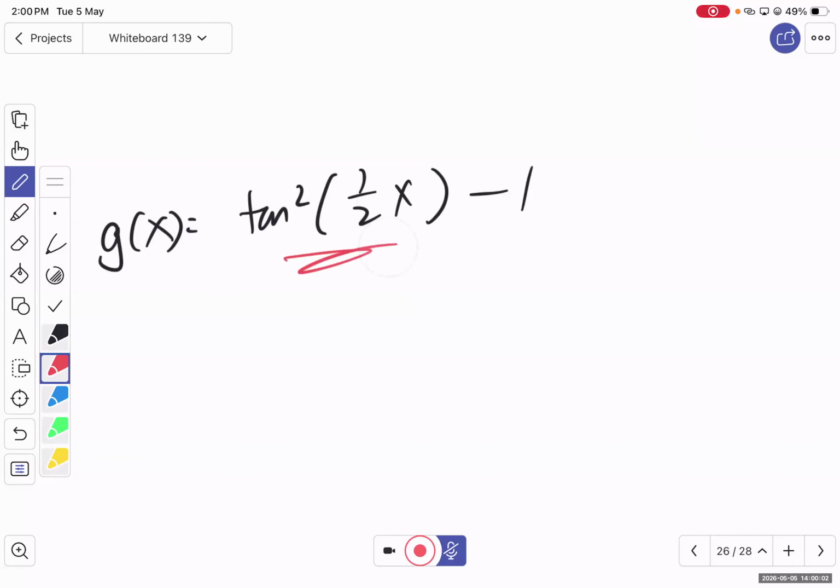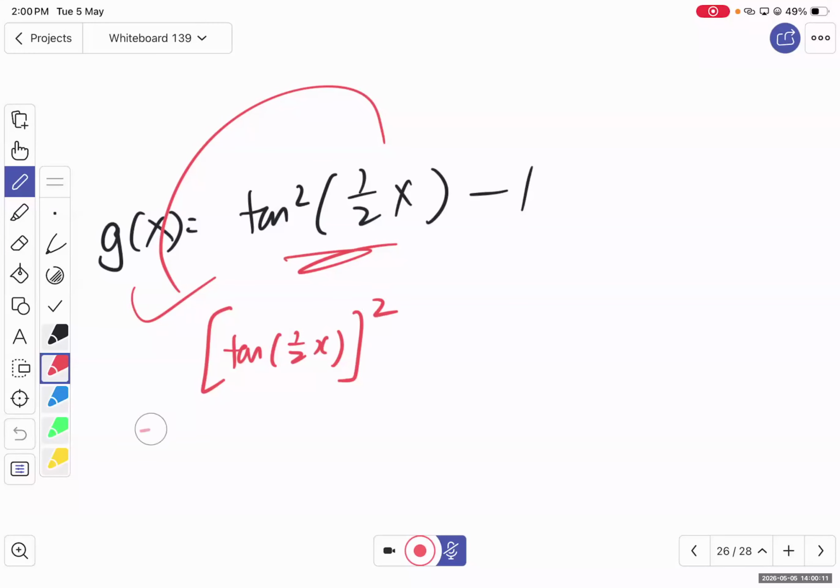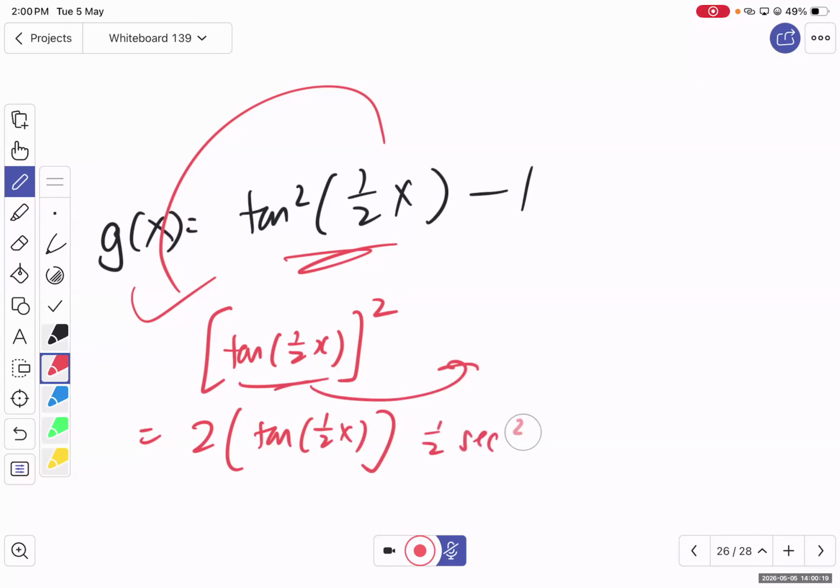Differentiate tangent, it's just secant square. You look at it as tangent half x, not squared. You differentiate the outside function, then differentiate the inside, which gives half secant square of half x. That's all. Why do you want to change to sine and cosine? You're not doing proving.